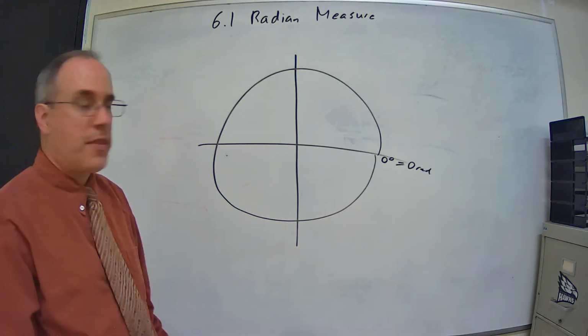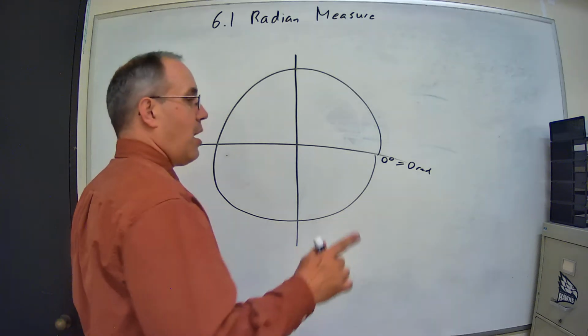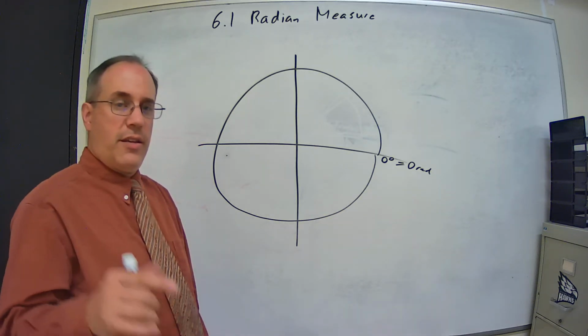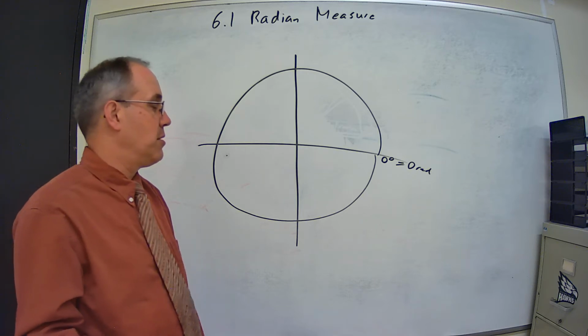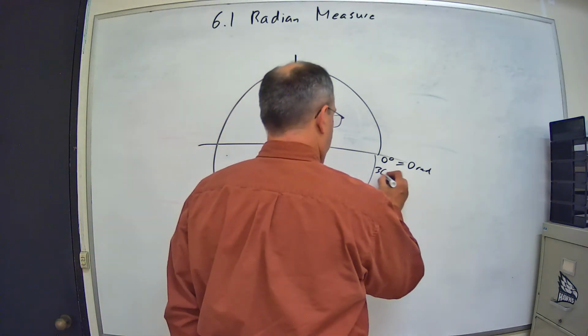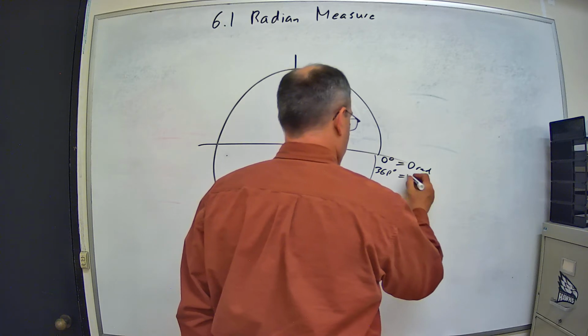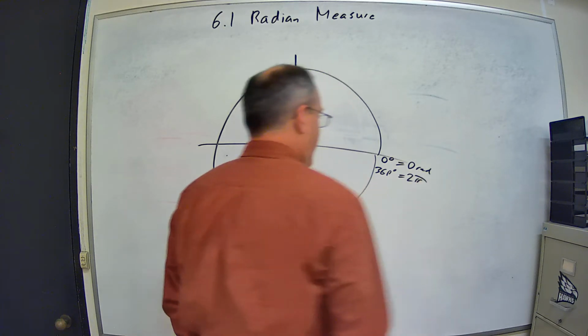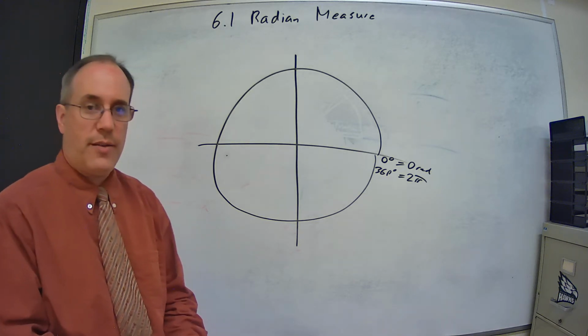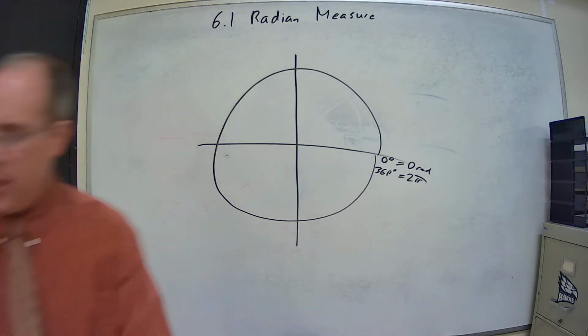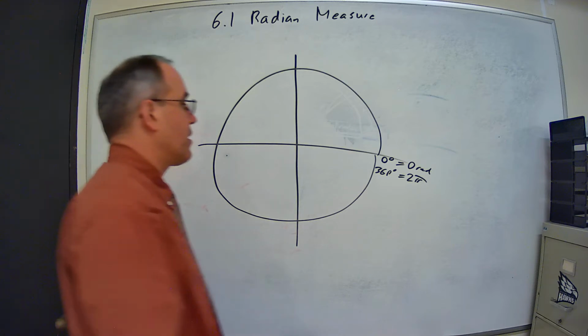I know that 2 pi is 360 degrees. So I could say 360 degrees is equal to 2 pi. I'm not going to put the radians in there just because it saves me having to write it. I'm going to get rid of my calculator, I'm not going to need it.